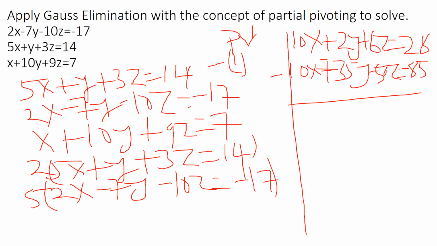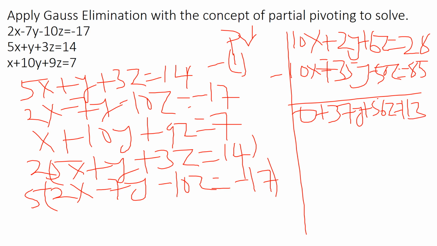Of course, 10x minus 10x gives 0 here, and then we have 2y minus negative 35y, which gives a positive 37y, and then 6z minus negative 50z gives a positive 56z, and 28 minus negative 85 gives 113.